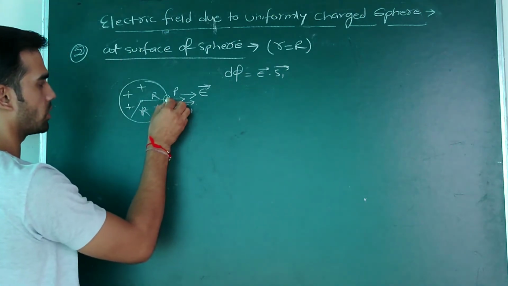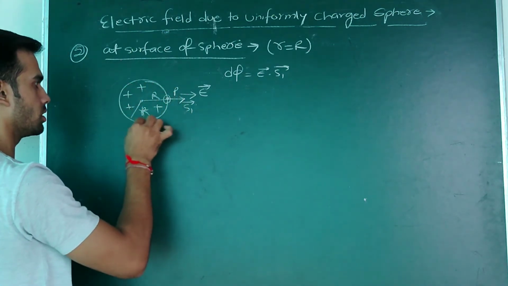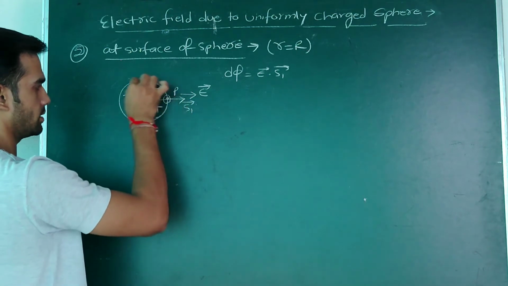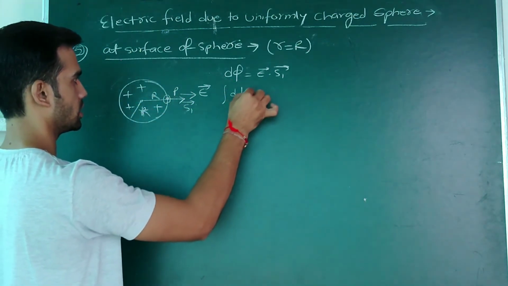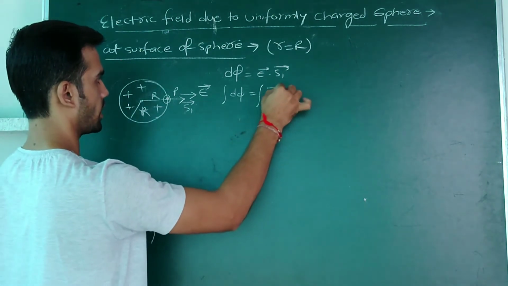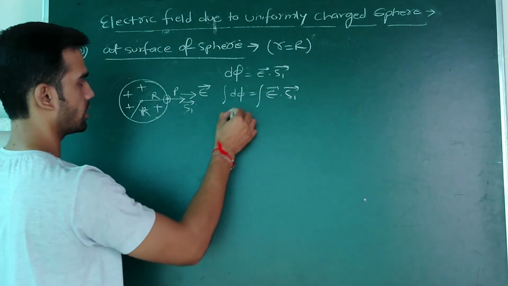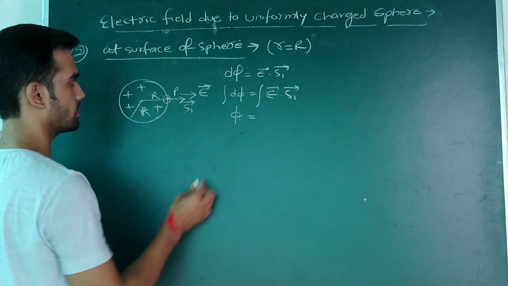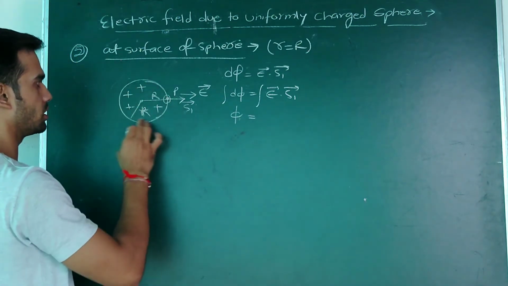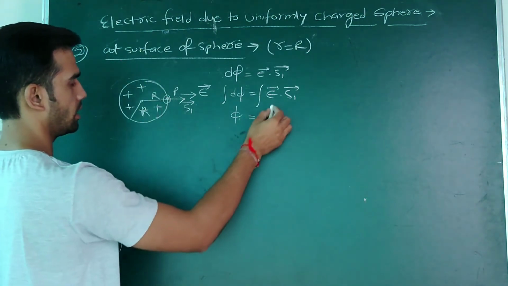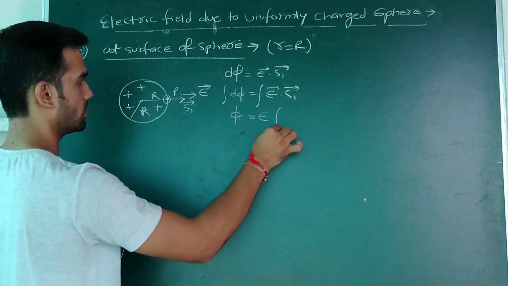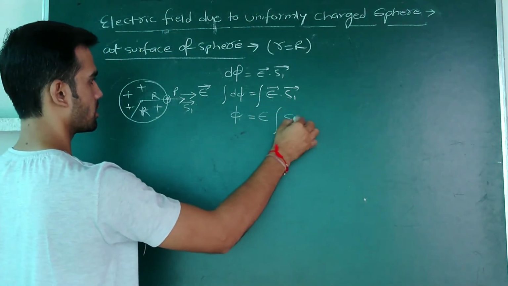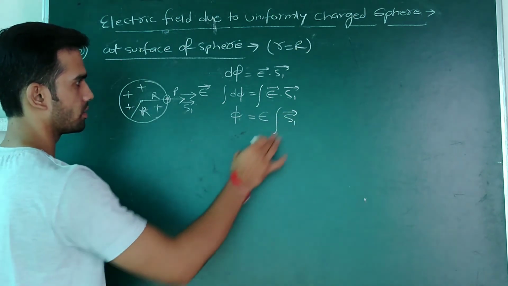Now if you want to calculate the total flux passing through the whole Gaussian surface, then we can integrate this equation, E vector dot S1 vector, and after integration it becomes the total flux passing through the whole Gaussian surface. The electric field is constant, so it can be written outside this sign, and this is S1 vector.